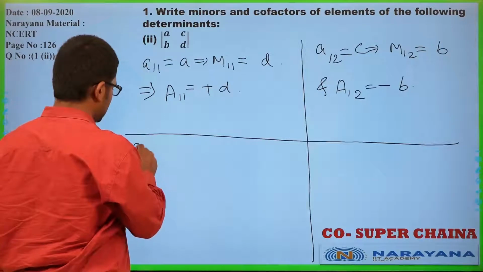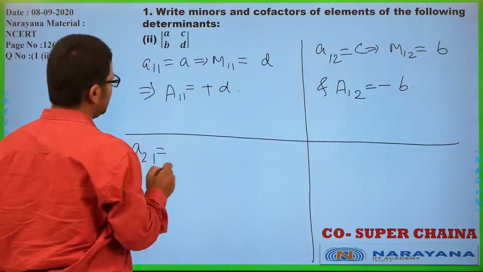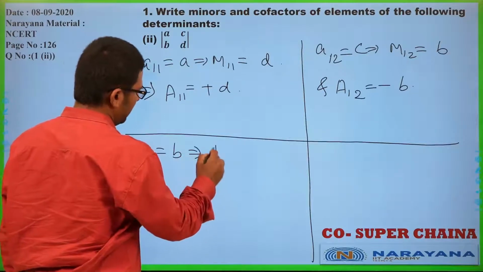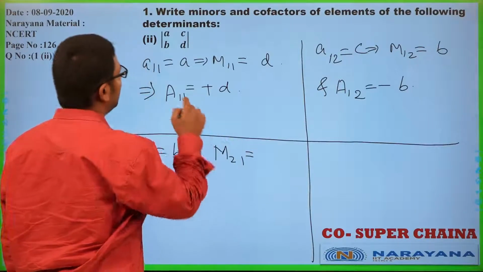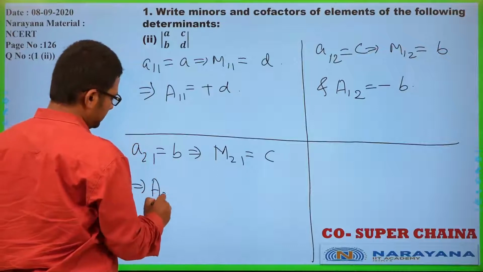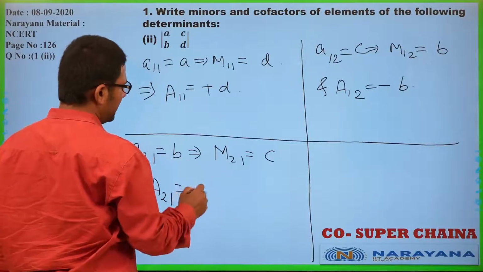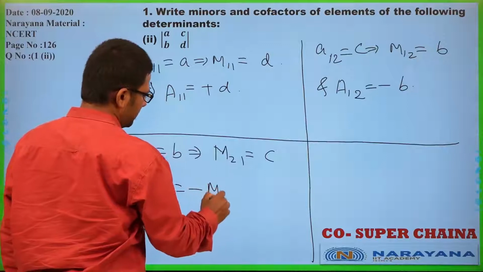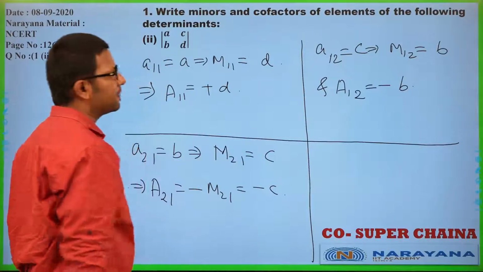Then A21 is the element B, therefore M21, the element opposite to B, is C, and its cofactor would be minus of M21, which is minus C, right?